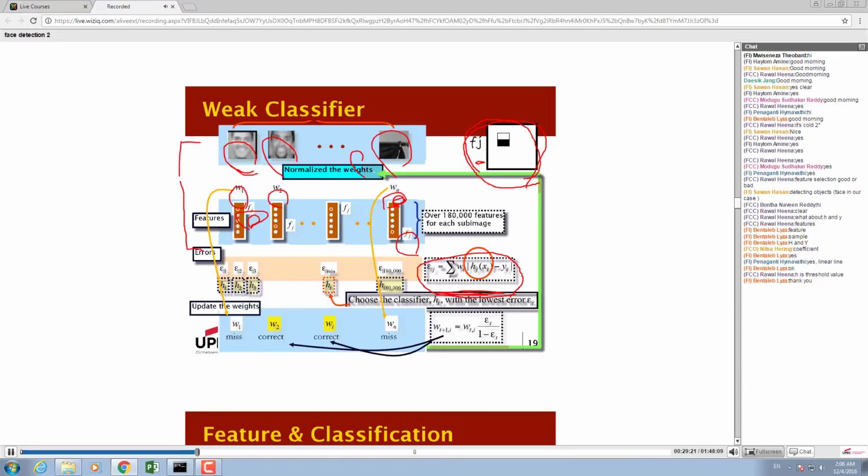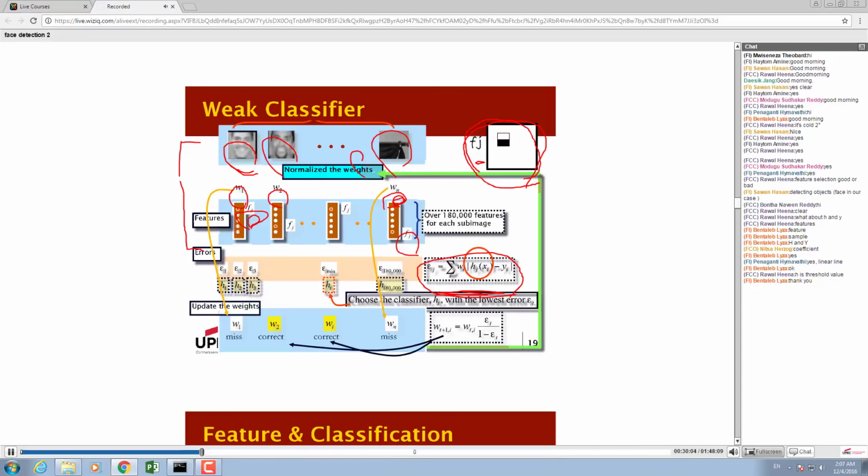If you are implementing this in any programming language, it will be a for loop over all the samples. But here, HJ is fixed. For one given feature FJ, we generate HJ, and then we calculate the error EJ using this formula, by calculating all the weights and adding all of them, we generate the error EJ.